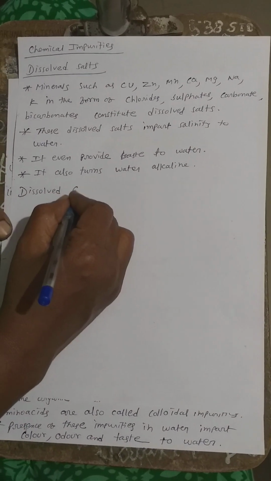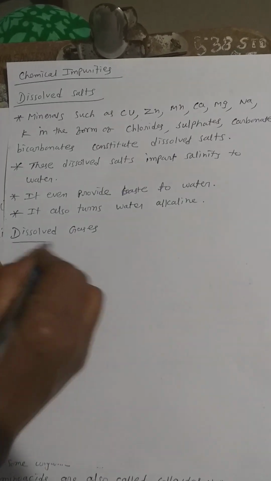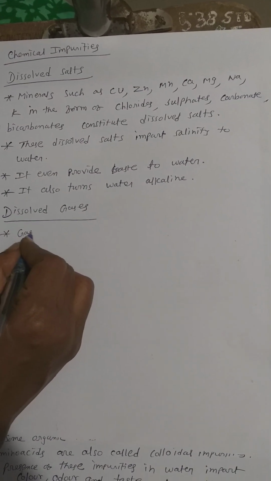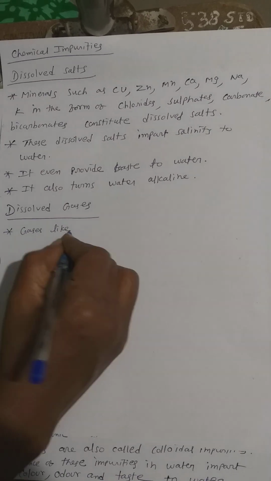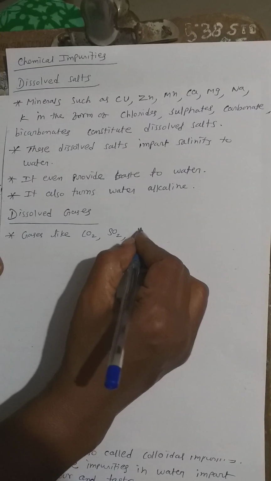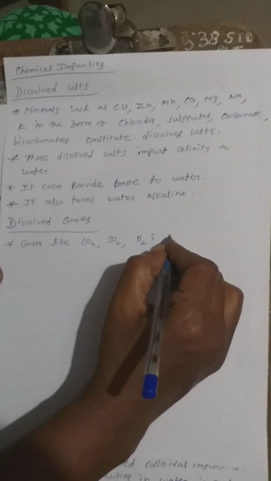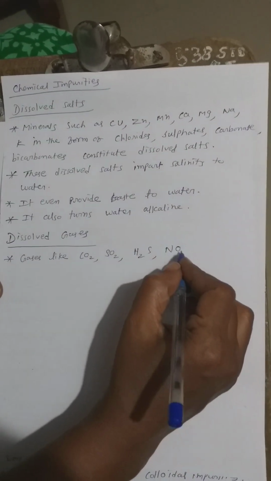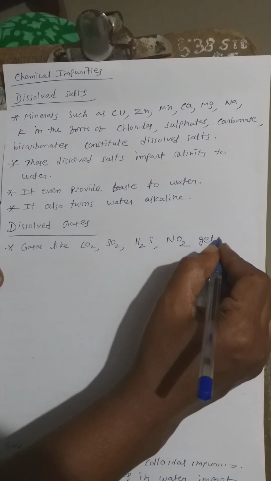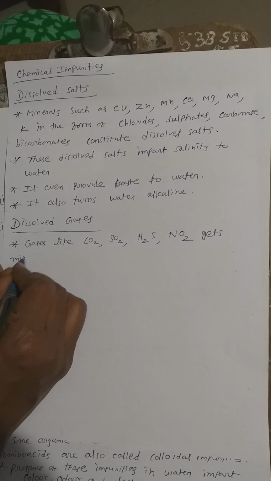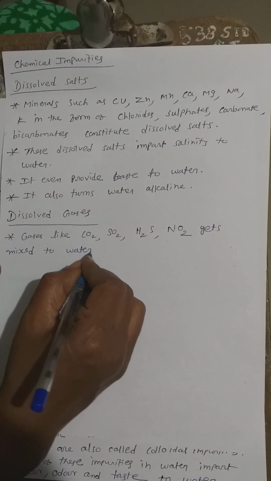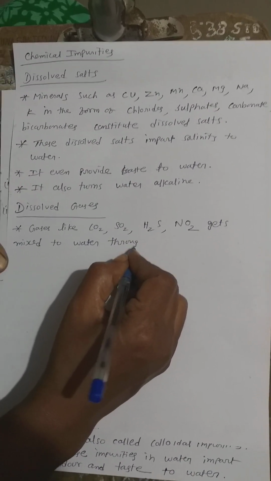Dissolved gases, the other chemical impurity. Gases like carbon dioxide, sulfur dioxide, hydrogen sulfide, and even nitrogen dioxide get mixed to water through diffusion process.